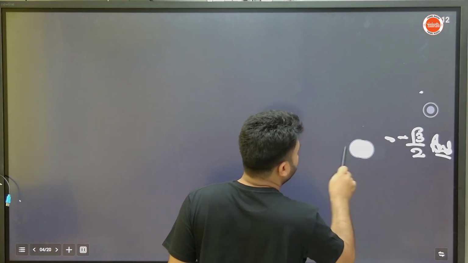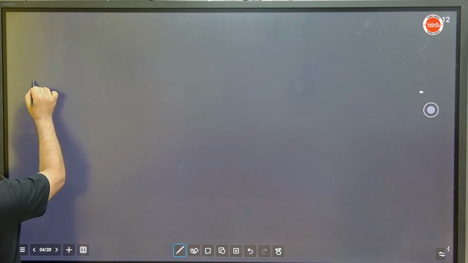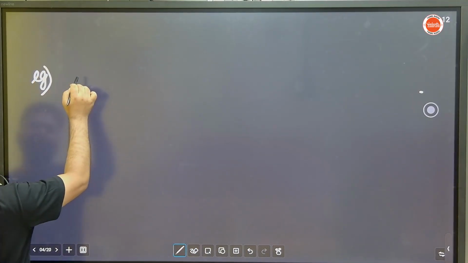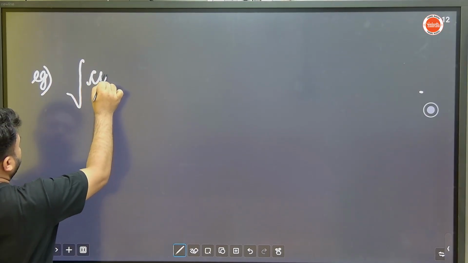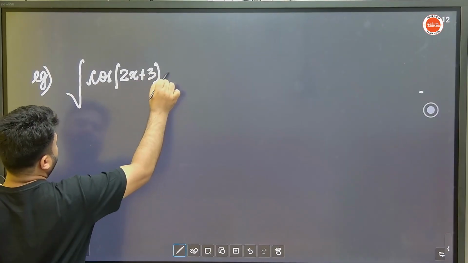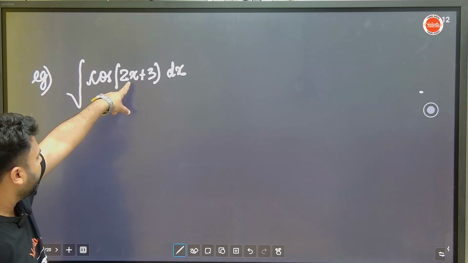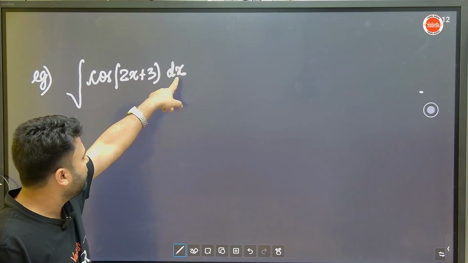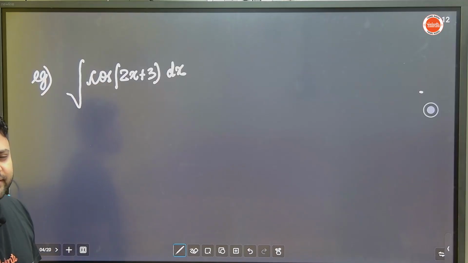For example, someone asks what is the integration of cos of 2x plus 3 dx. See, here if the variable is x, what is the pattern? Here you have to write dx. What is the integration of cos 2x plus 3 dx?